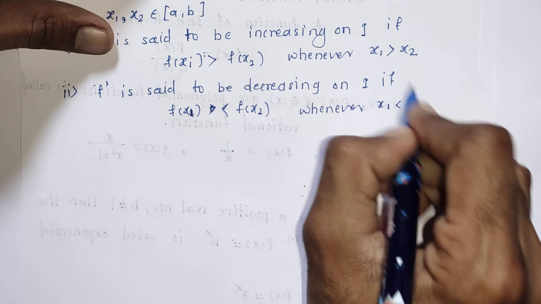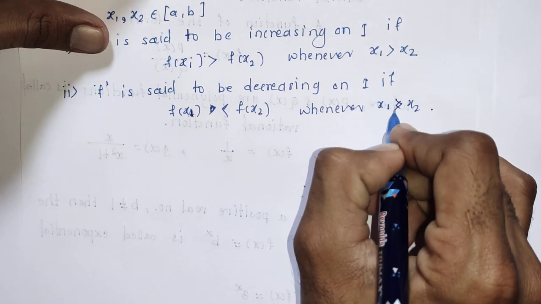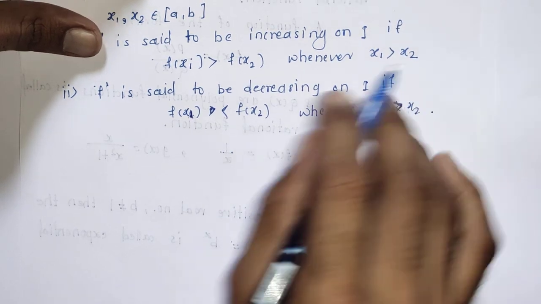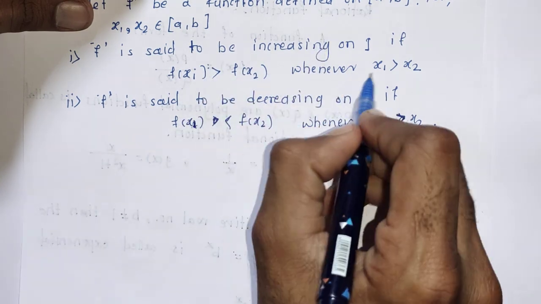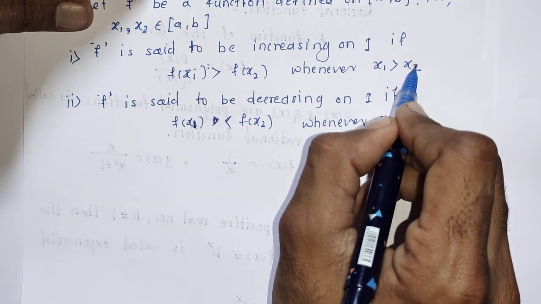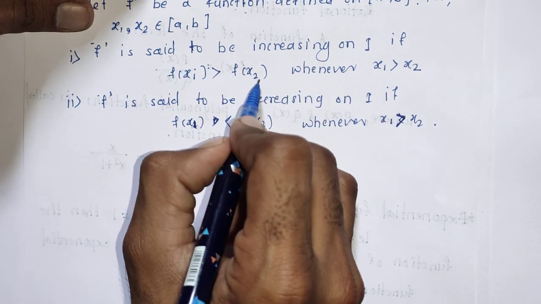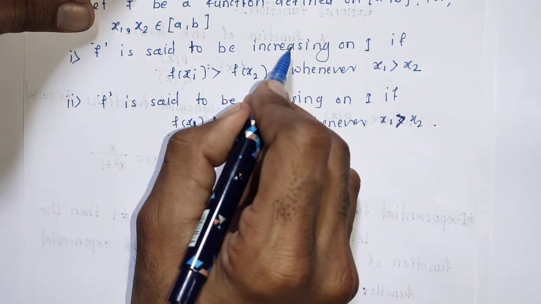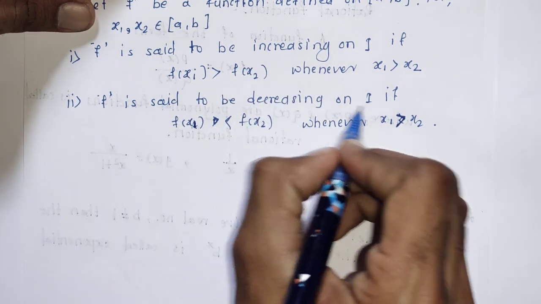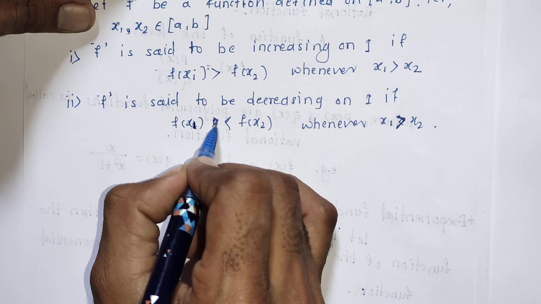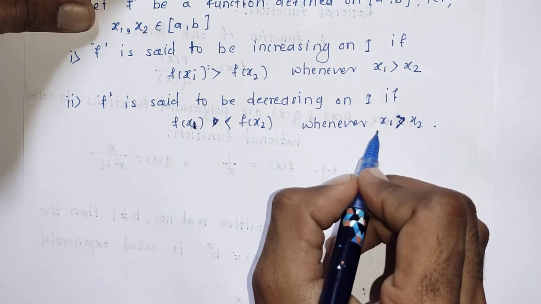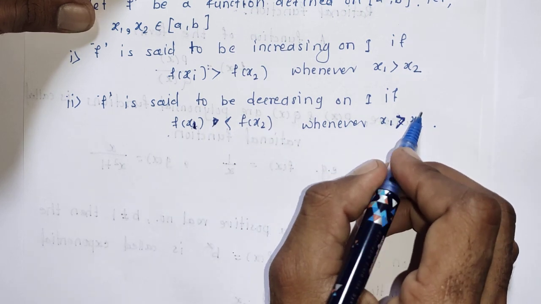To restate: f is said to be increasing if x1 greater than x2 gives f of x1 greater than f of x2, and f is said to be decreasing if f of x1 is less than f of x2 whenever x1 is greater than x2.